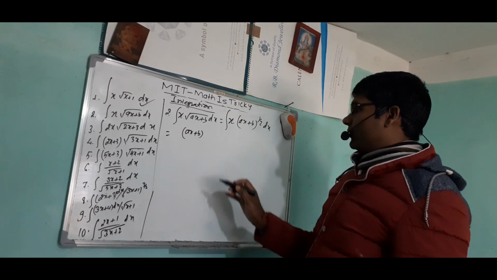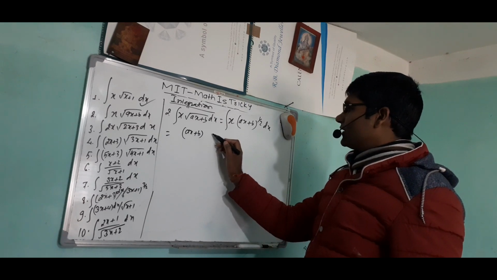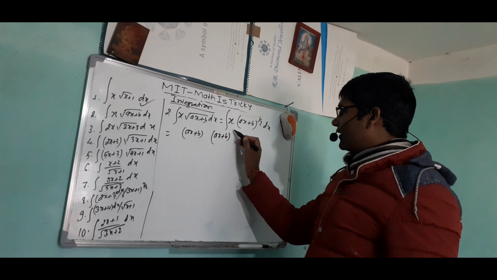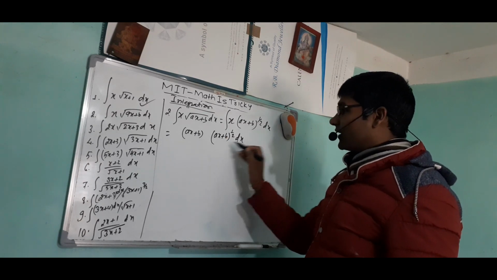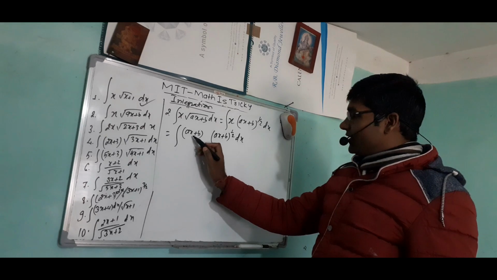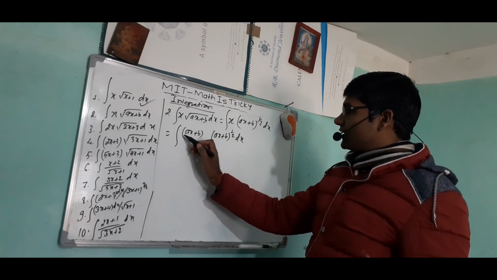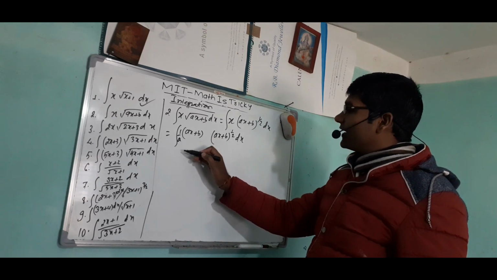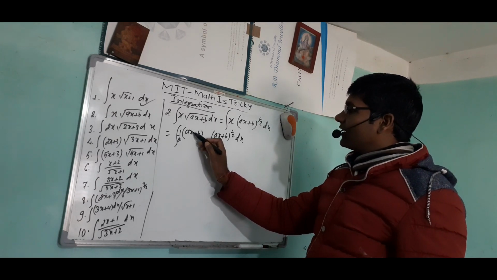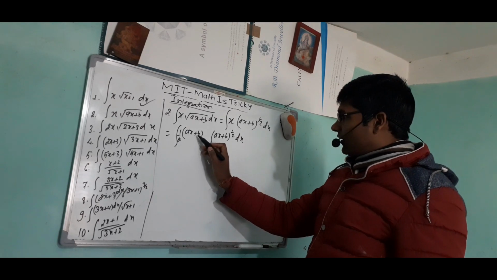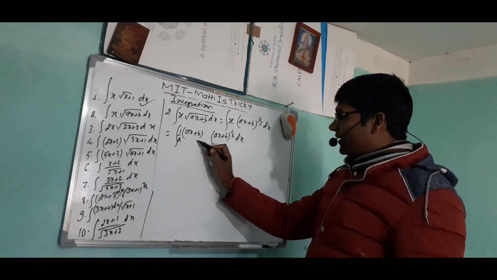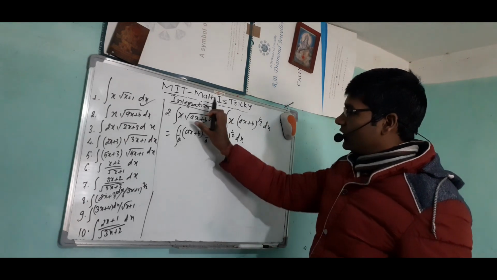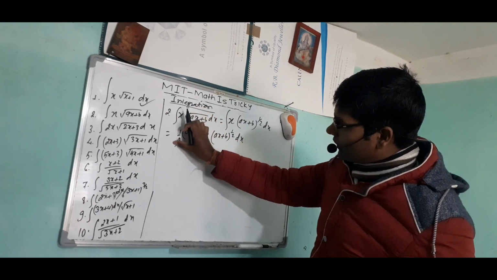And just copy the other part here, so ax plus b power raised to 1 by 2 dx. Now the integration sign is there, but we need only x. To get x, what should I do? I have to divide by a, so that a and a cancel and we get only x. But after multiplication we'll get b by a, but we don't need b by a, so we'll subtract like this, so that we get the answer.